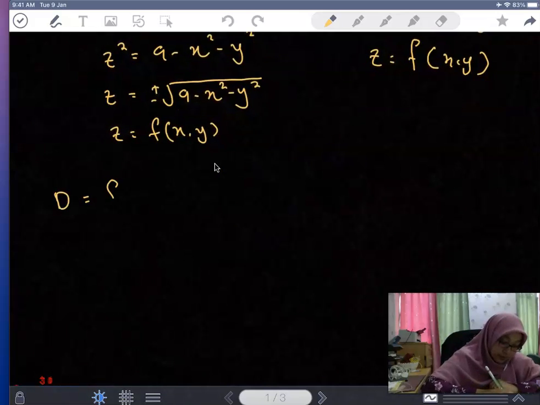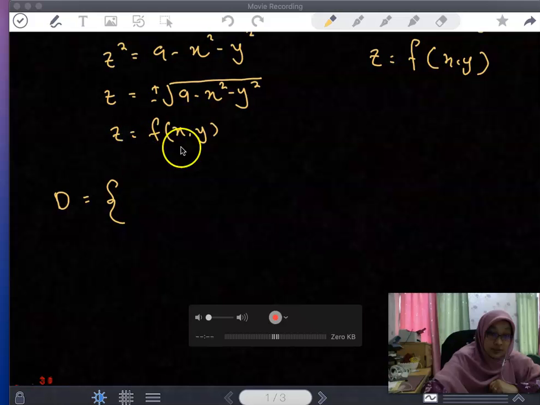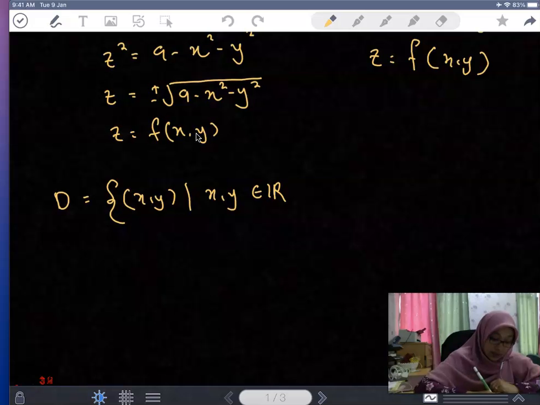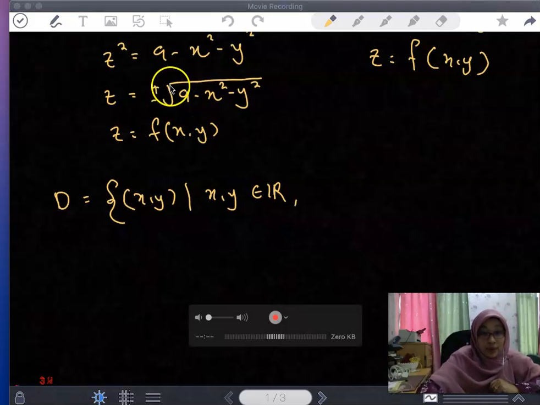Now we want to talk about the domain. The domain of this particular function is the set of (x, y) where x and y are real numbers. And is there any constraint there? Now we have a square root function, so everything inside the square root should be positive or 0.